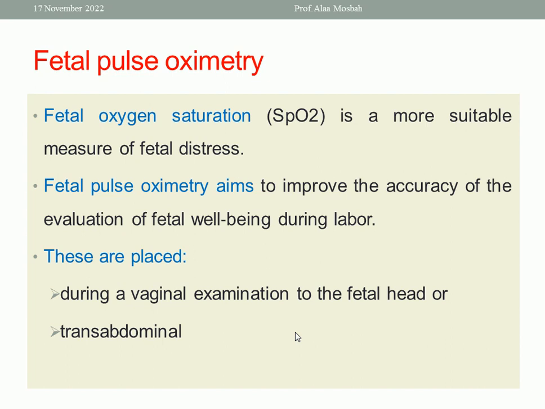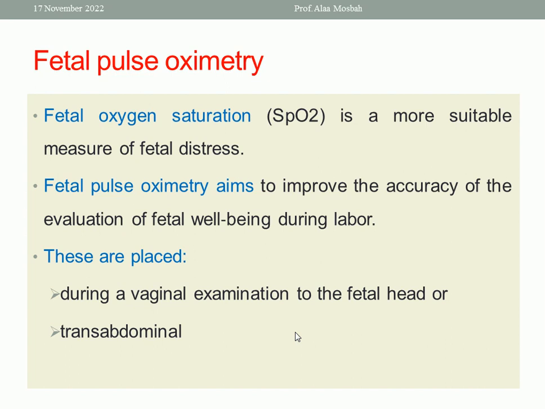You can apply the fetal pulse oximetry during vaginal examination on the top part of the fetal head, to find if the baby is hypoxic or not. Or recently there is transabdominal fetal pulse oximetry, non-invasive and easier, but under research trials.